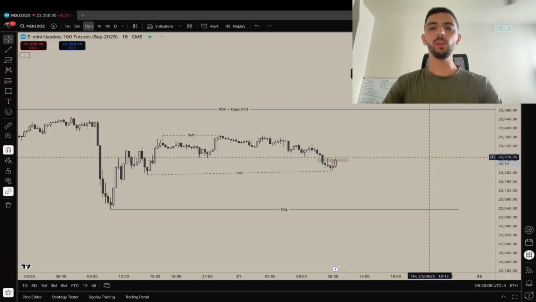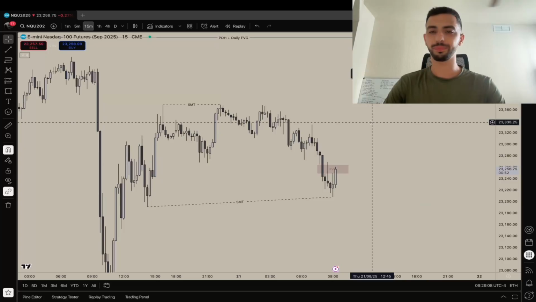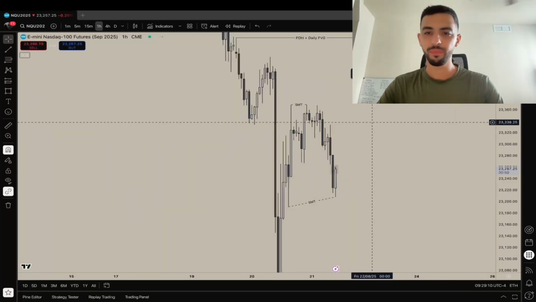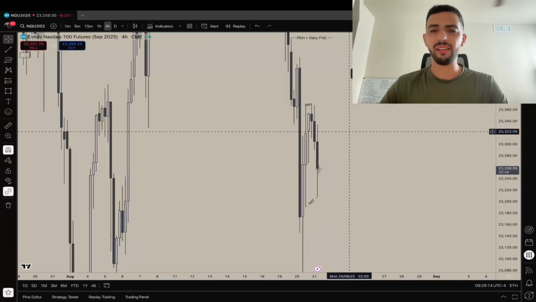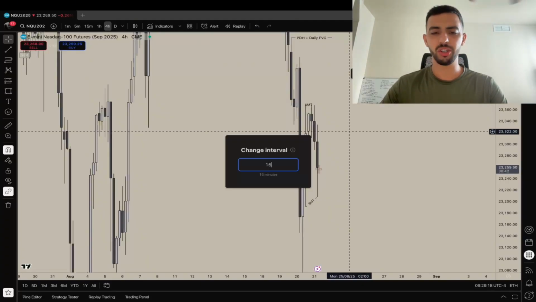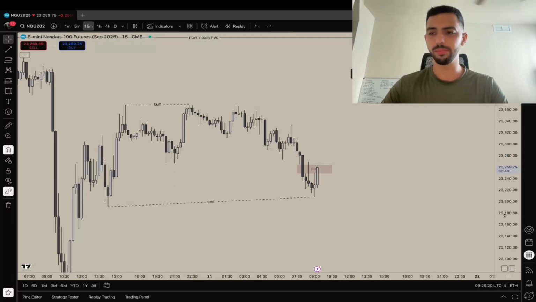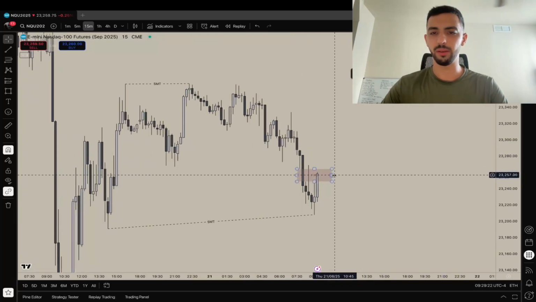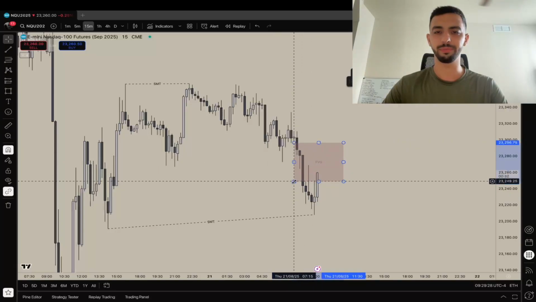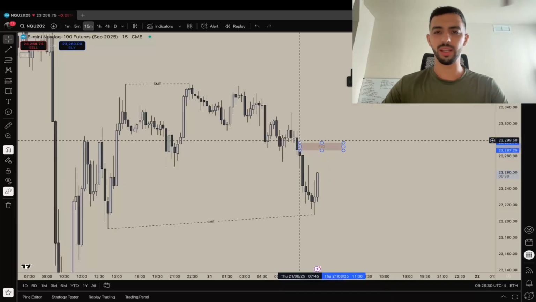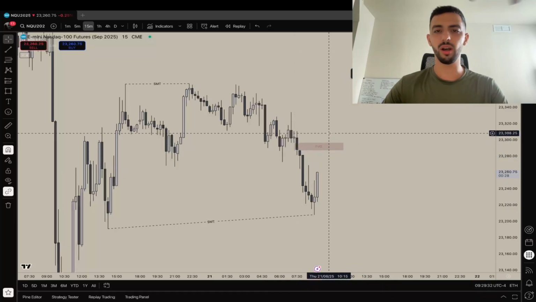But overall, I'm still bearish. The only thing is that we don't really have any bearish gaps here to take price from. Only this one over here, but it looks like we won't really hold this, but we have another one above. So I think this will probably be a good draw.